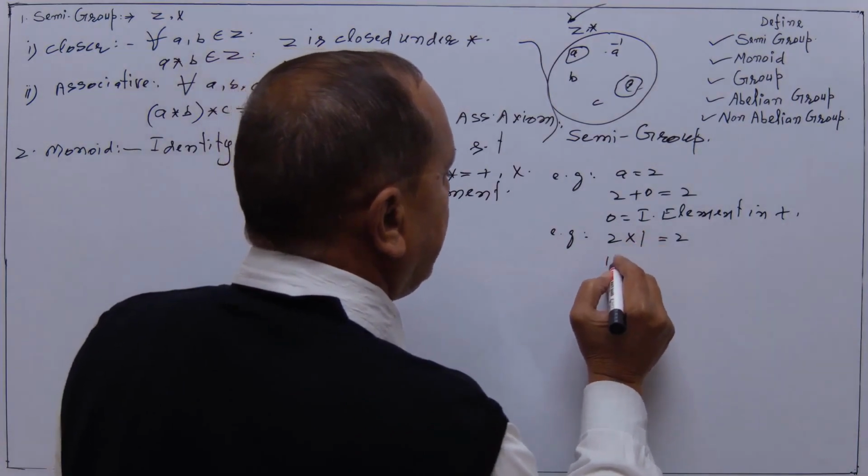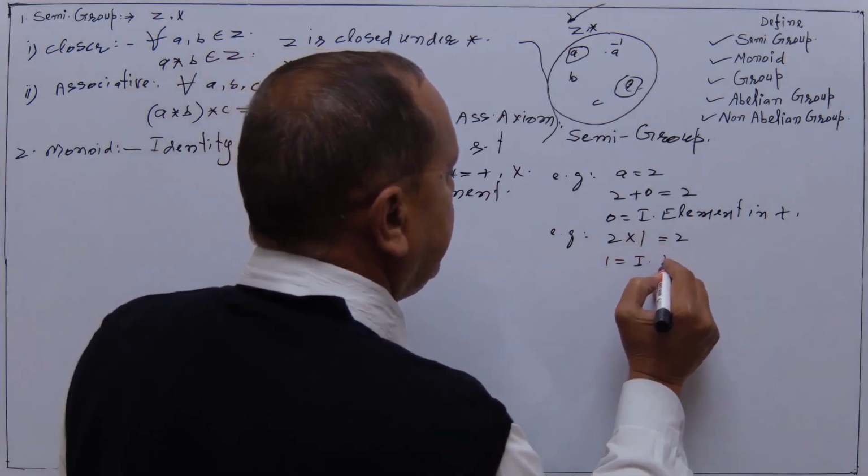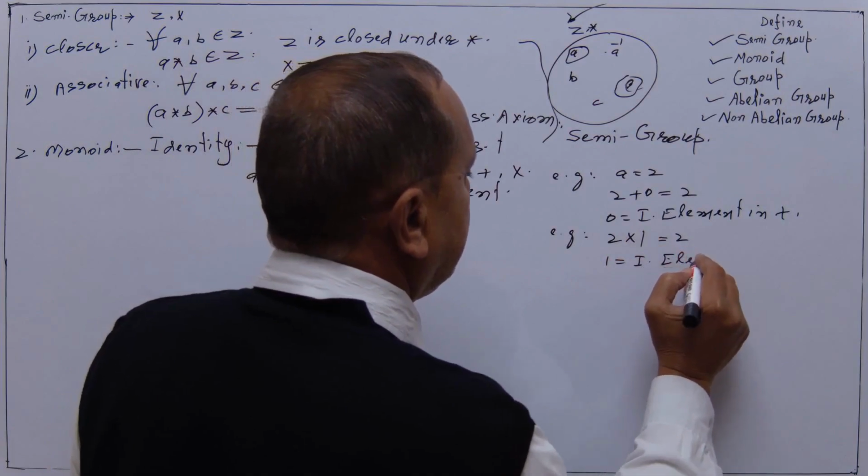So it means 1 is the identity element in multiplication.